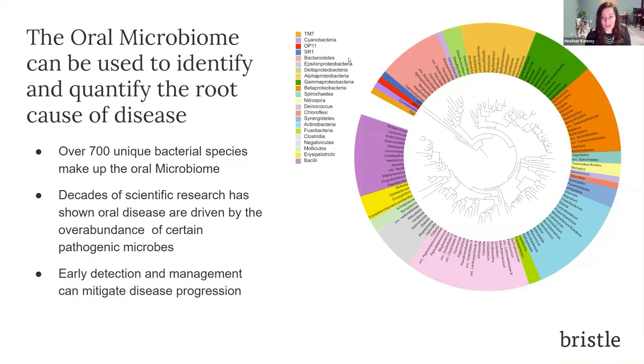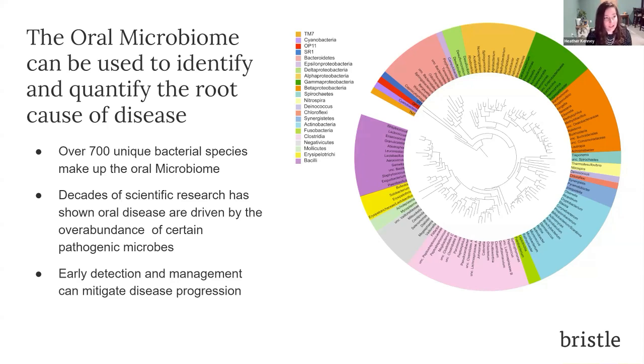We need to start looking at the oral microbiome in general. There are over 700 unique microbial species in the oral microbiome. We are the only oral microbiome test that's actually testing for those 700 microbes. We've had scientific research for decades linking oral and systemic health, and we know that the sooner we address those pathogens, the less progression of disease.